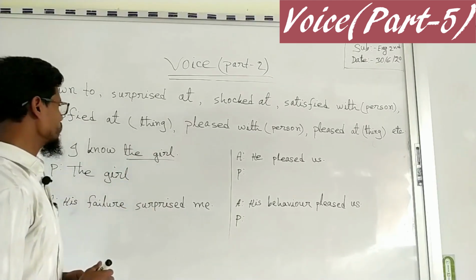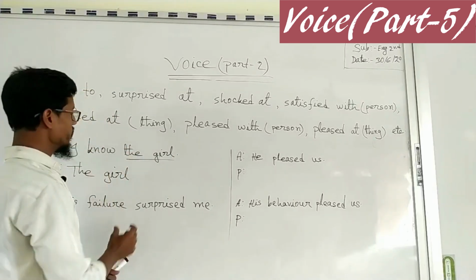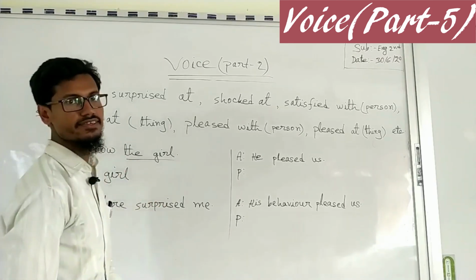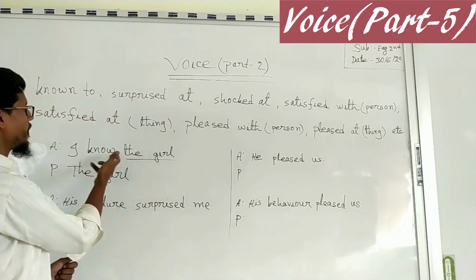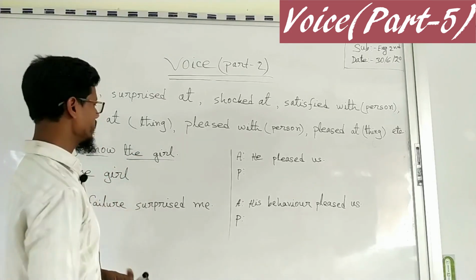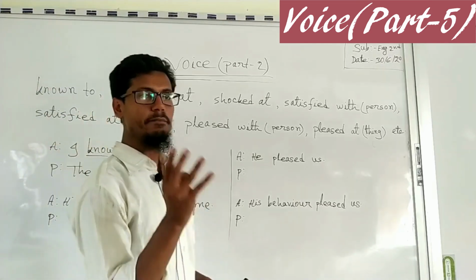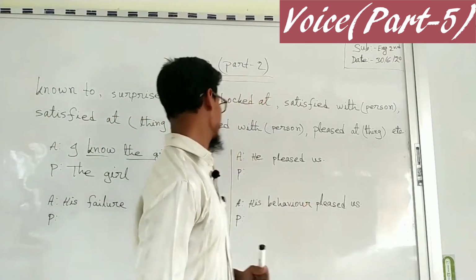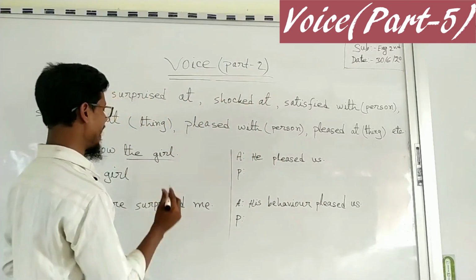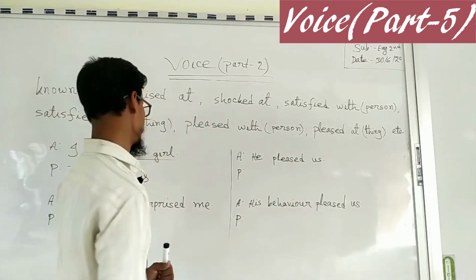Step 2, I have to take an auxiliary verb according to tense. Now I have to look at what kind of tense it is. I know the girl, present indefinite tense. Know is the present form of the main verb, that's why it is present indefinite tense. Now I have to take the auxiliary verb am, is or are. The girl is third person singular, that's why I have to take is, not am or are.